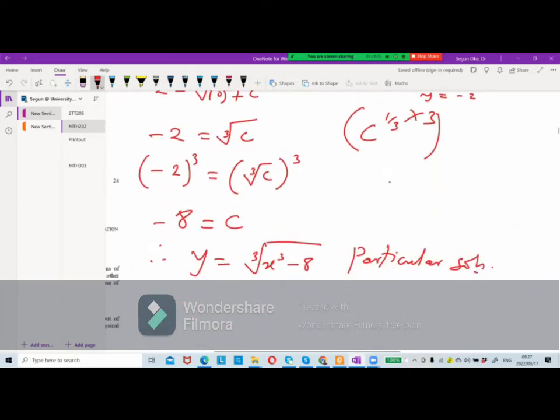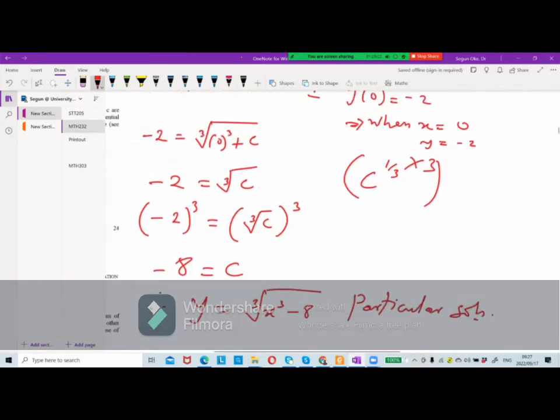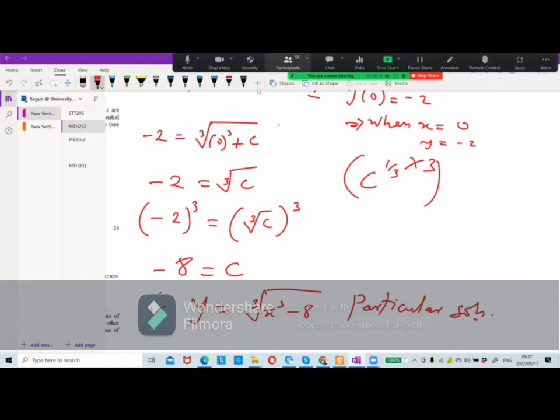Please, sir, I'm confused where you got -8. Minus 2 raised to power 3 is what? It is -2 times -2 times -2. It's minus, it's not plus.